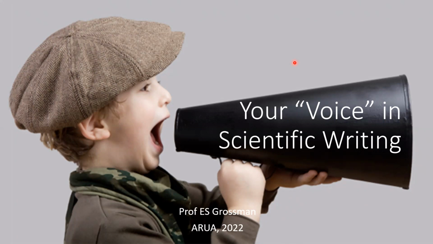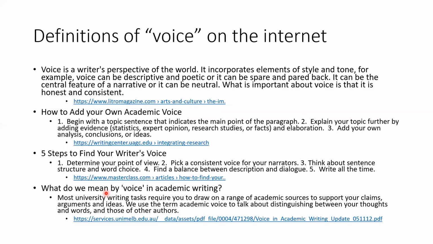So you go to the internet, like I have done, and you look for definitions of voice. And there's not much, but this is what I've found, four that I've found. I looked at the first one, and it says voice is a writer's perspective of the world. It incorporates elements of style and tone.